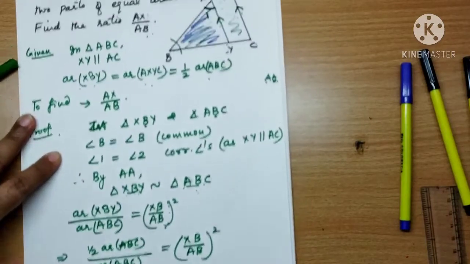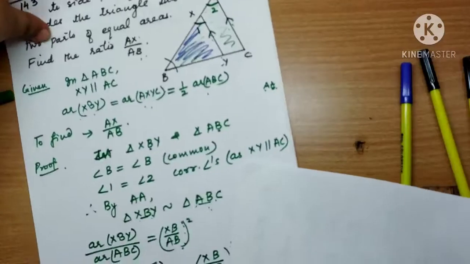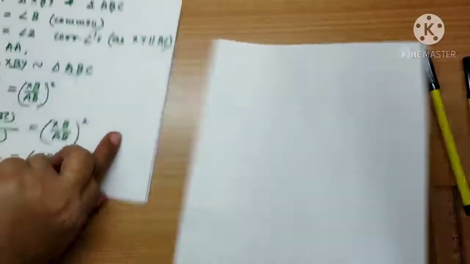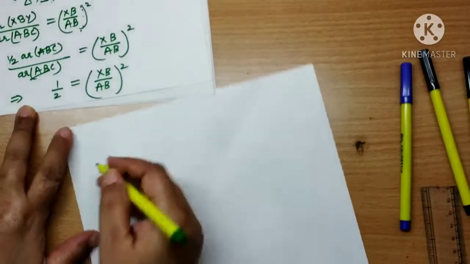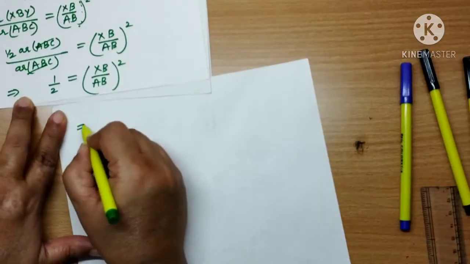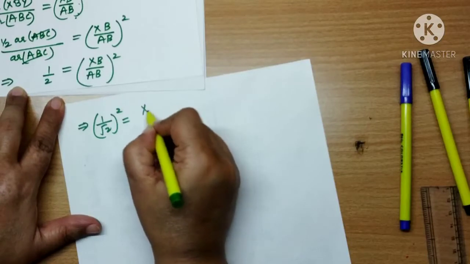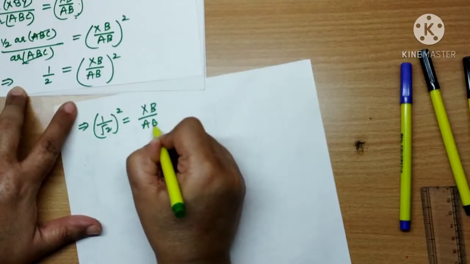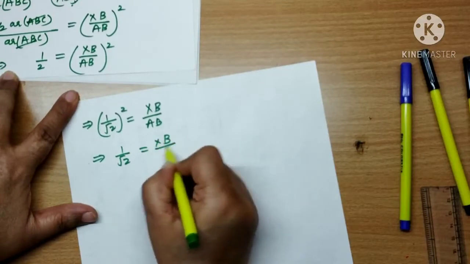Now in order to find this value, I need to make the left hand side also a square of something. How can we do? This implies 1 by root 2 square is XB by AB. So I got 1 by root 2 as XB by AB.